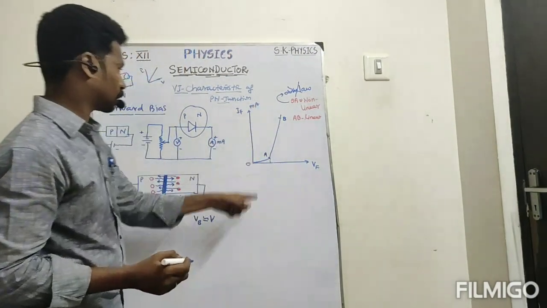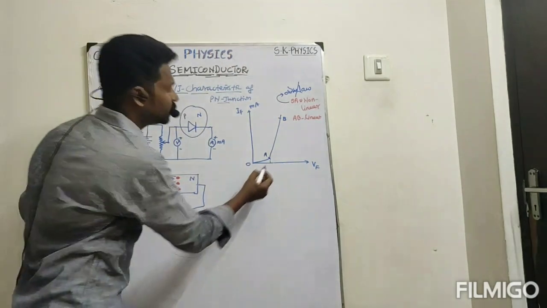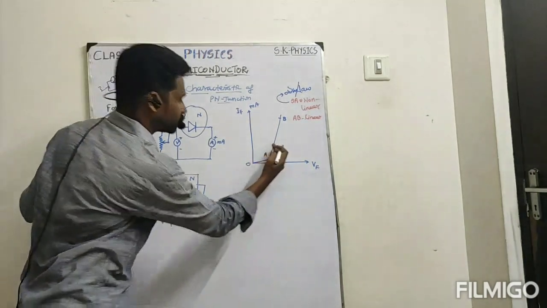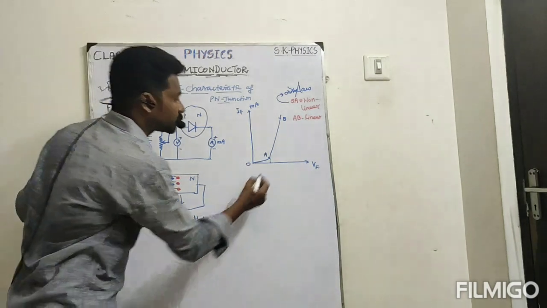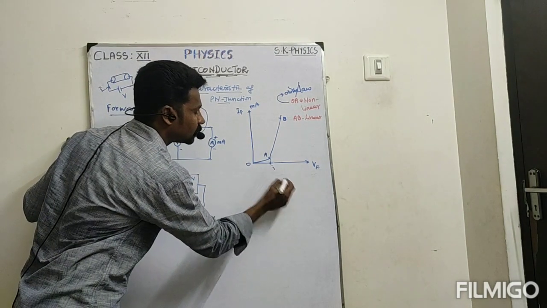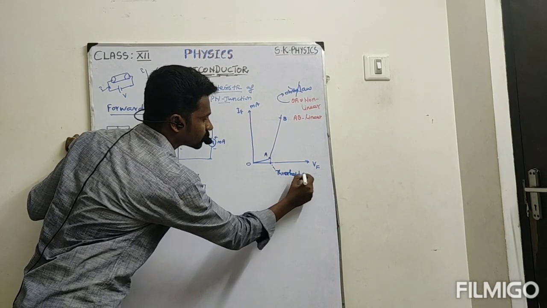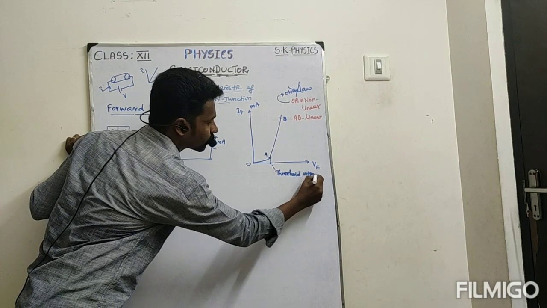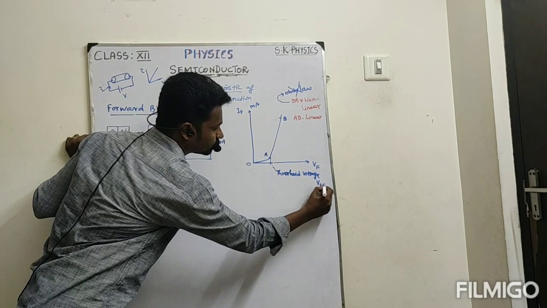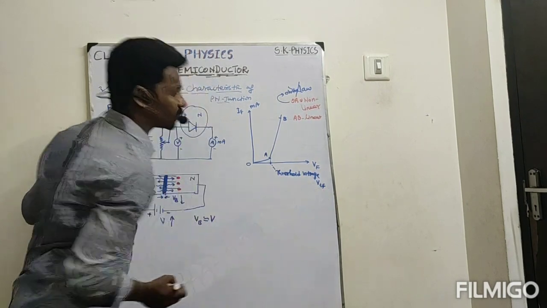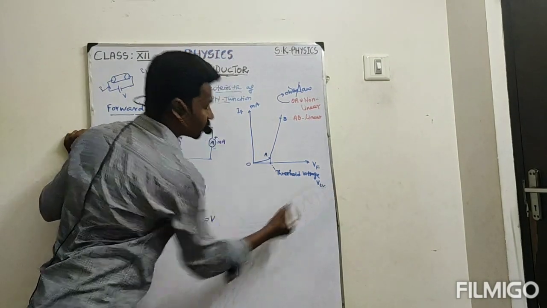Then after overcoming VB, it acts as a normal conductor. So this is like a critical point. Up to A it is non-linear; after A it is linear. This is known as the threshold voltage, generally represented by VTF.